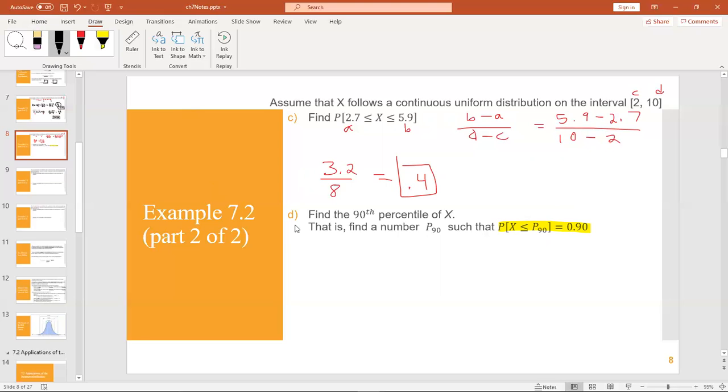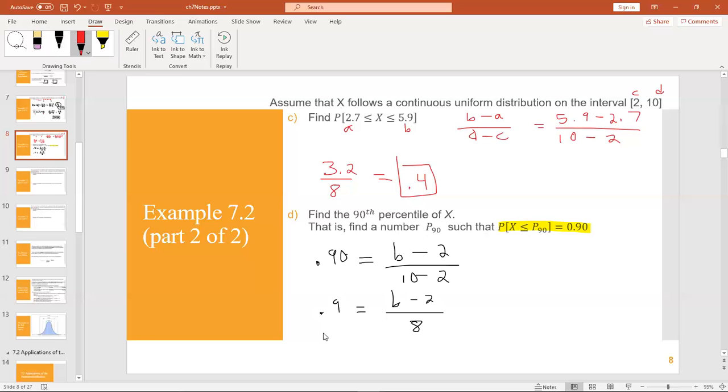So for this situation, we're basically going to have 0.90 equal some value b that we don't know, minus the bottom of this distribution, which is 2, all over the entire length of the distribution, which is 10 minus 2. And we've seen from when we've done this before that the bottom is just equal to 8. So you're going to have b minus 2 over 8.